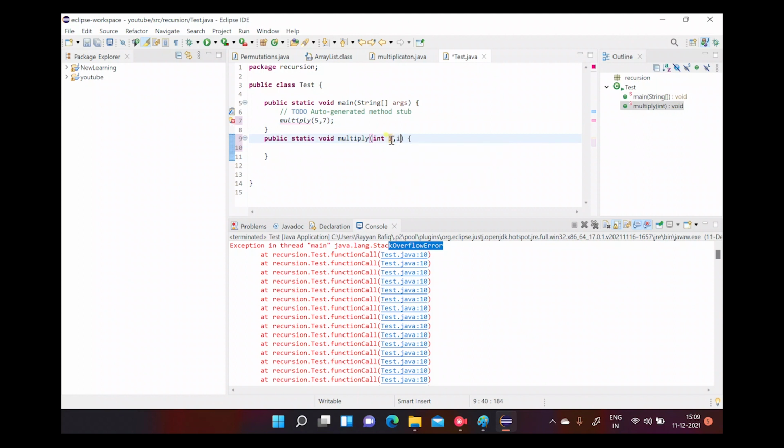This is the same question that we had asked. So we're going to perform multiplication for 5 times 7, right?